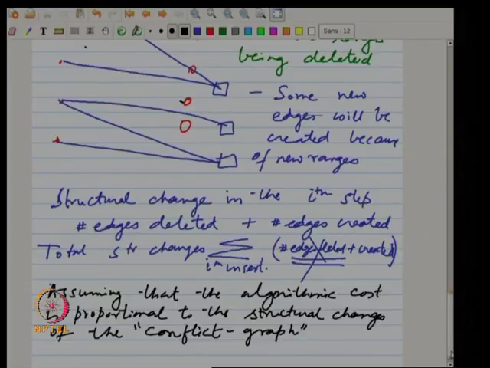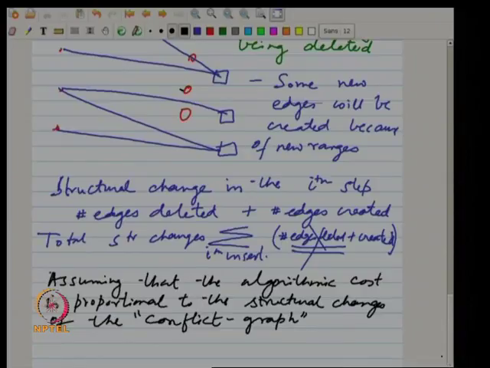Once we assume that there is no additional data structure cost, it is only the changes in the way the elements are associated with the ranges that is the crux of the analysis, that determines the total running time.